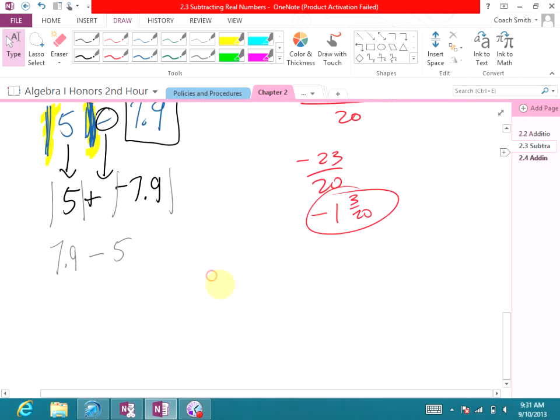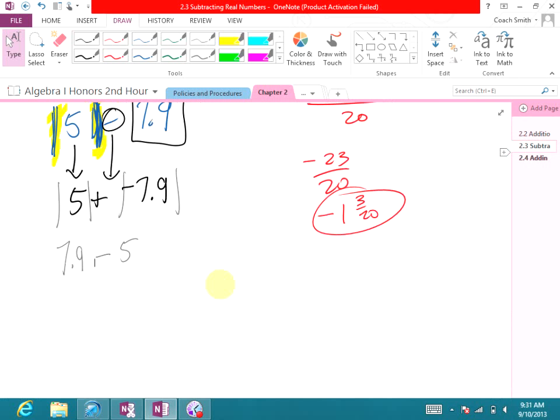What is 7.9 minus 5? Mr. Grubbs, Michael? Negative 2.9. The reason it's negative is because the absolute value of 7.9 is larger than the absolute value of 5, so I must keep my negative sign with my answer.